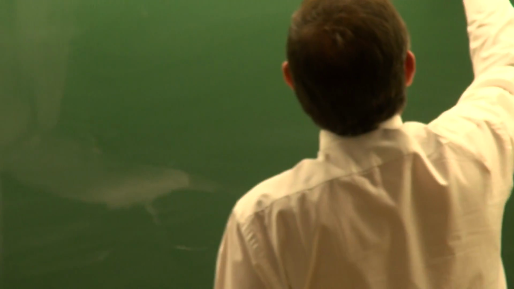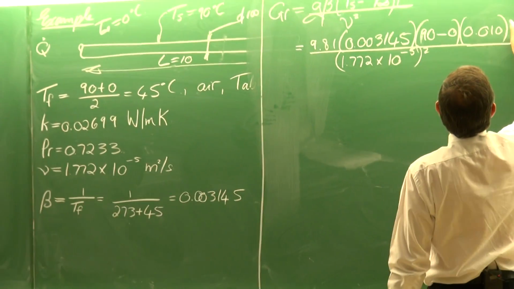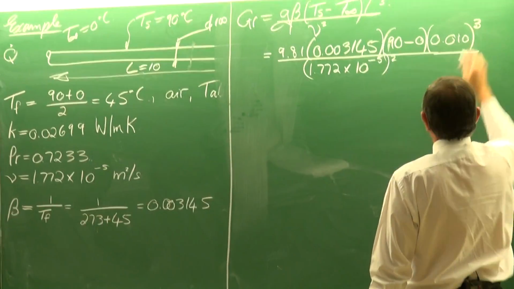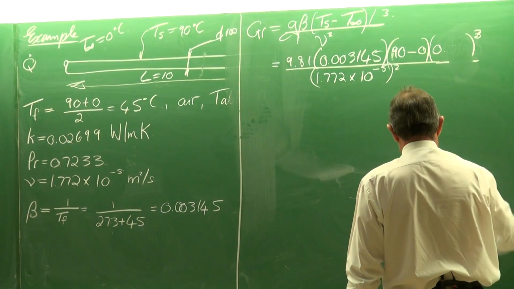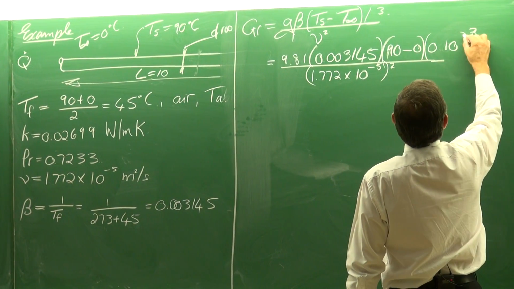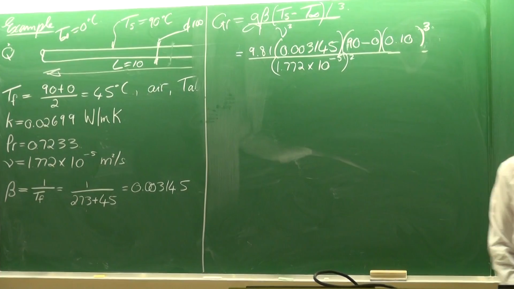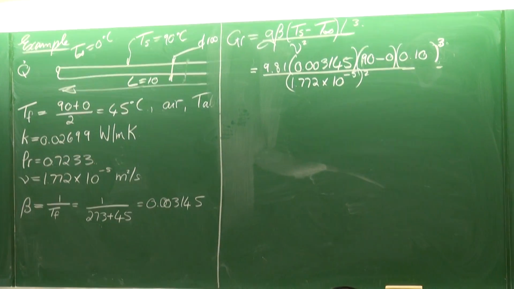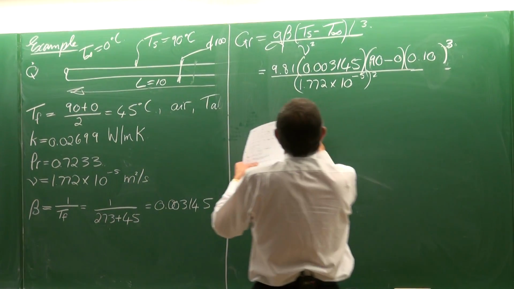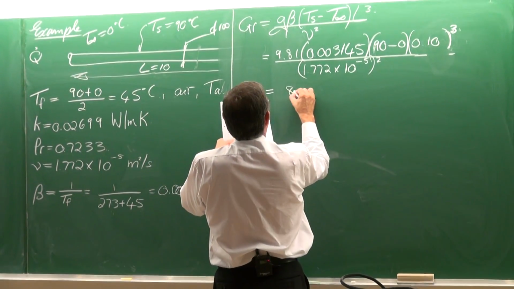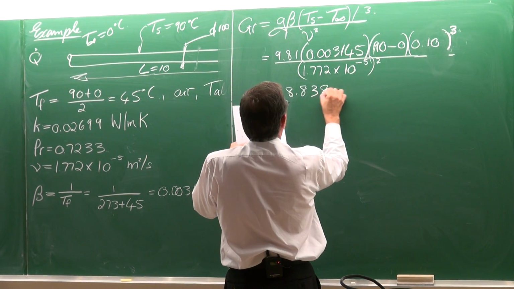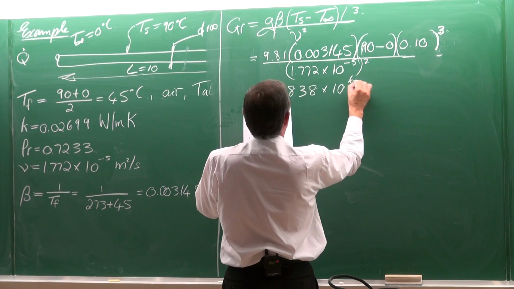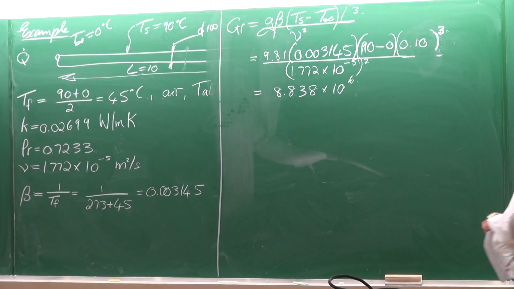Going to make a significant error if you do that. From 10 meters to 0.1 meters. Okay? So, it then gives us the Grashof number as equal to 8.838 multiplied by 10 to the 6. Are you all with me?